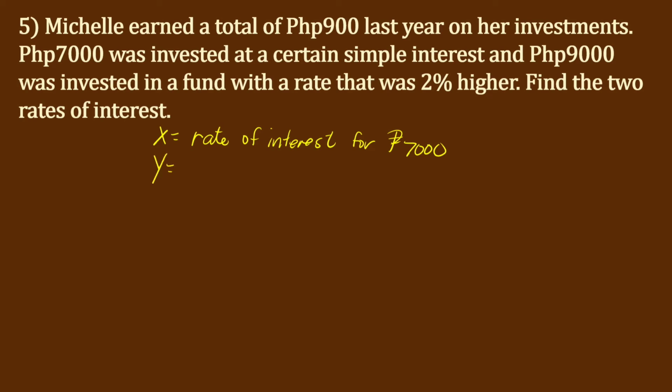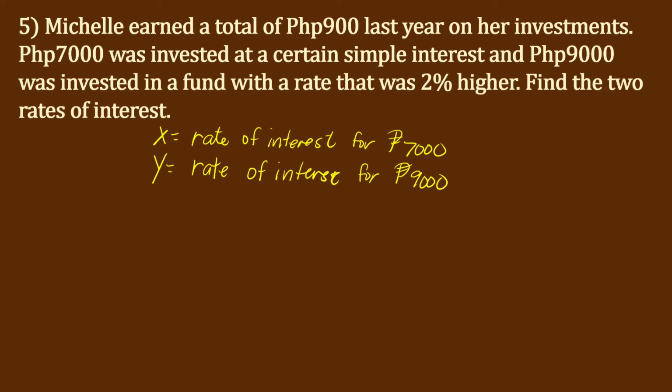And then, y is the rate of interest in which 9,000 pesos is invested. Now, we are now creating two equations here. Kasi meron two variables. Okay?